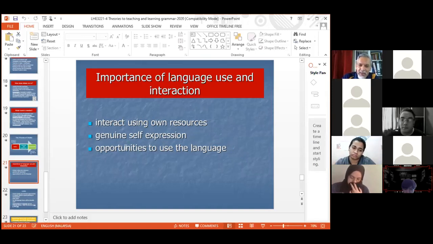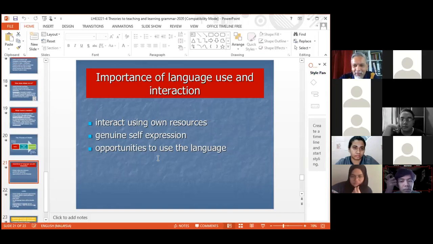And of course, as I mentioned several times already, as much as possible we have to try to give our students opportunities to use the language. Very often what language teachers do is the teachers use the language. The students don't. The students maybe repeat what the teacher says, or fill in an exercise.